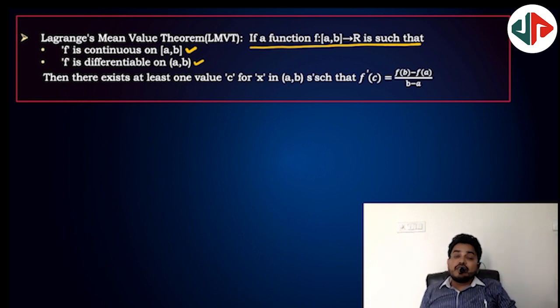Instead of that, we are writing f dash of c is equal to f of b minus f of a by b minus a. So for example, f of b is equal to f of a, this also follows the Rolle's theorem only.